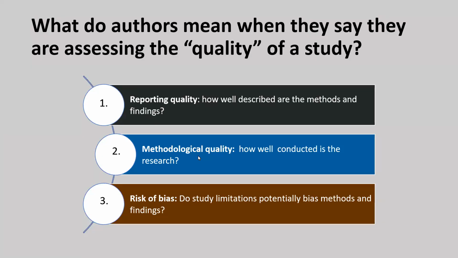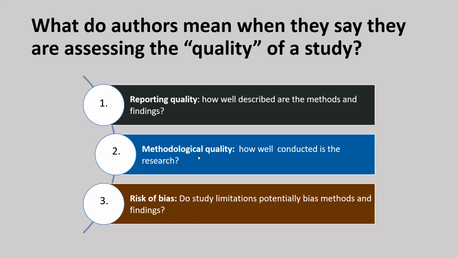So what do authors mean when they say they're assessing the quality of a study? When you read in a study that the authors assessed the quality of the included studies, do they mean they assessed the quality of reporting, or how well the study was conducted, or whether the study was at risk of bias? A lot of the time, all of these are confounded. Reporting quality is about how well the methods and results in a published study are described.